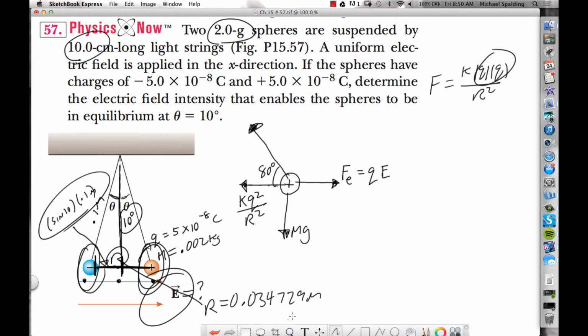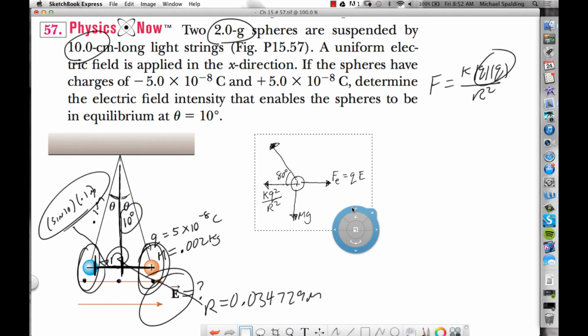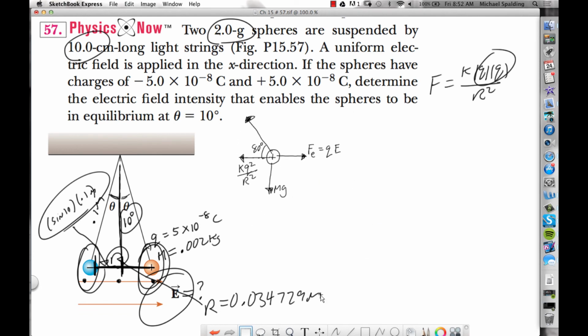Okay, so now we're going to sum the forces. We got our free body diagram, so I'm going to shrink this down, make some room. So we sum the forces in x, we sum the forces in y. All right, in the x direction we have 3 forces. Oh, this is tension.